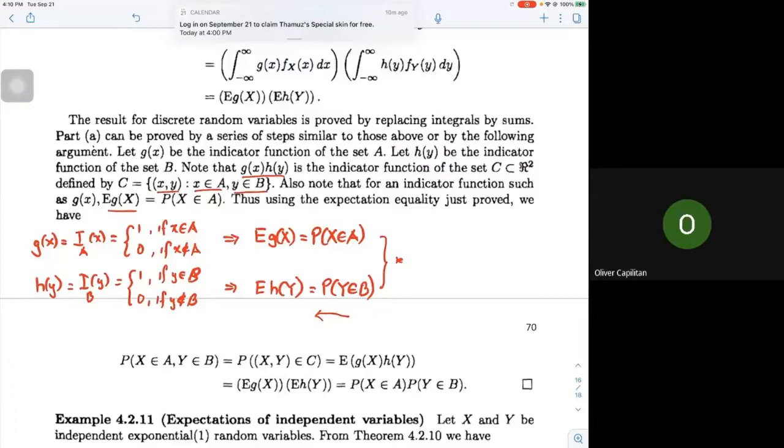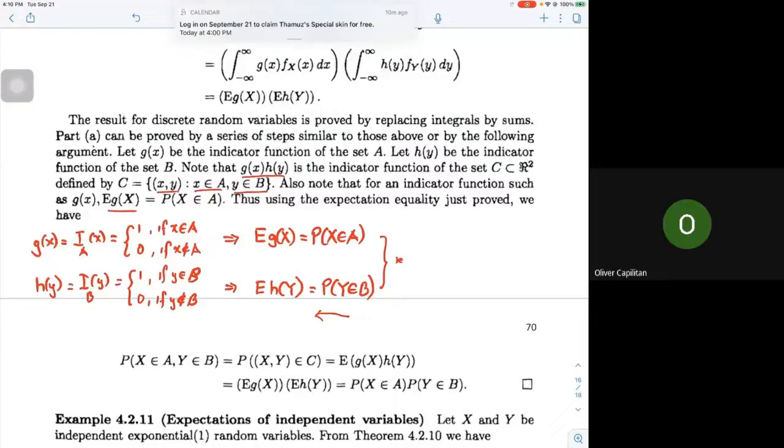So the mean of X here is equal to 1, the variance of X is also equal to 1, and the same for Y: the mean and variance are equal to 1. Therefore, this is equal to 1 plus 1 squared, then the mean of Y is 1, and the answer is equal to 2.